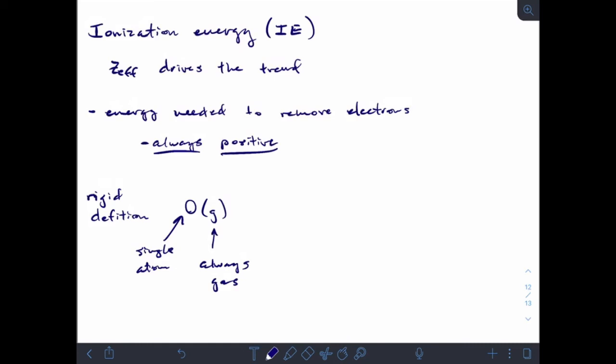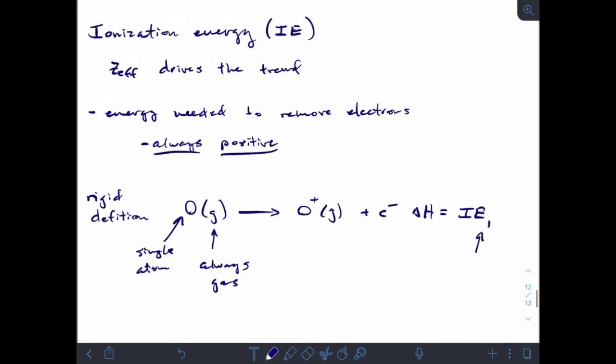But we'll take a single atom in the gas phase and we'll remove an electron to make a positive ion in gas phase, plus an electron. And it'll have an enthalpy attached, a delta H, which will be the ionization energy. We'll say IE1, which refers to the energy to remove the first electron.